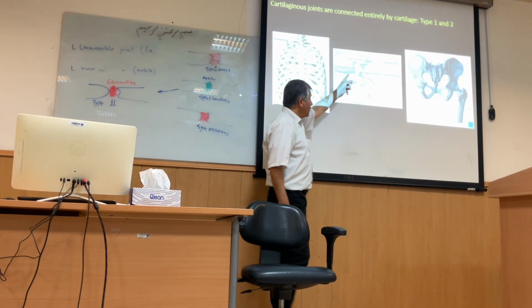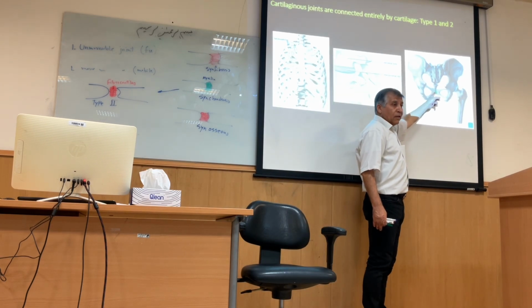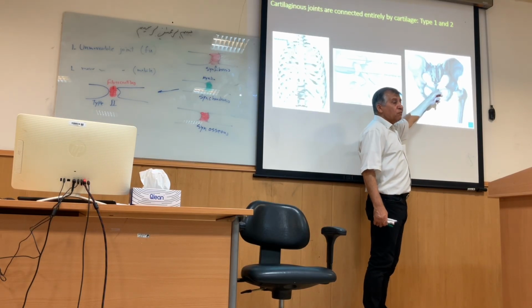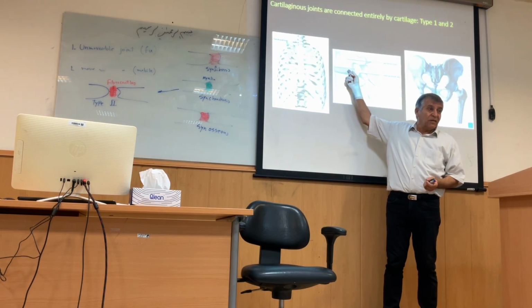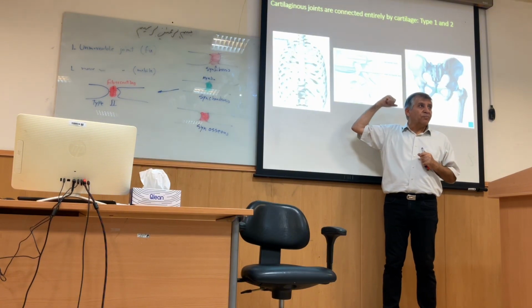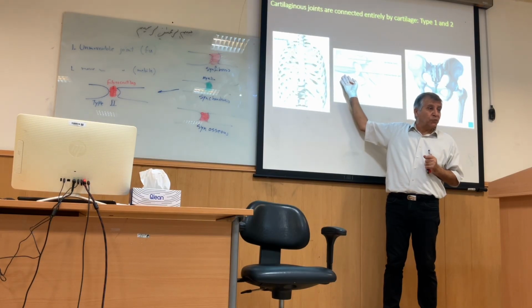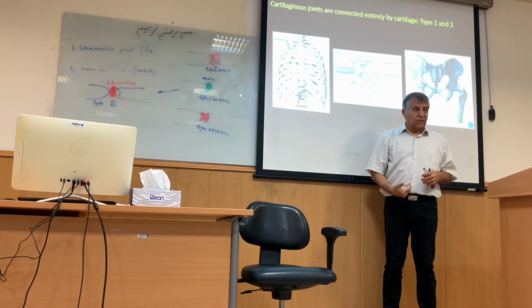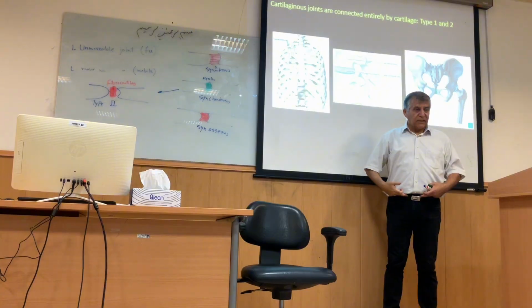Okay? But this one, intervertebral disc, and this one, the joint between right and left hip bone, this one is symphysis pubis. This one is intervertebral disc. This one is fibrocartilage. So this is called chondrosis type 2. Chondrosis type 2 is in the midline of the body. In the midline of the body, all joints are fibrocartilage.